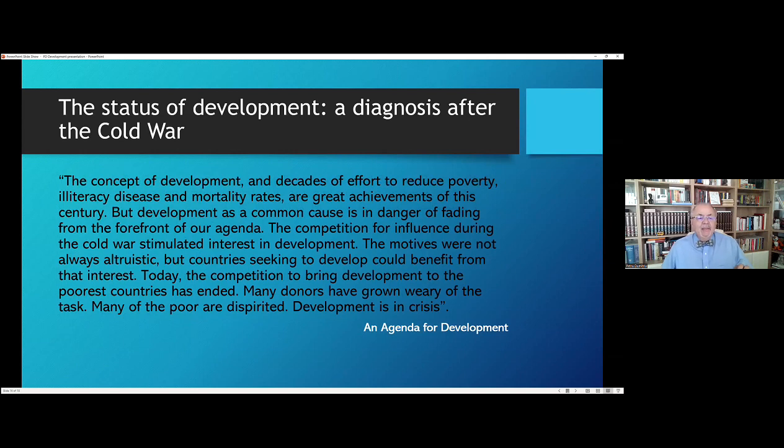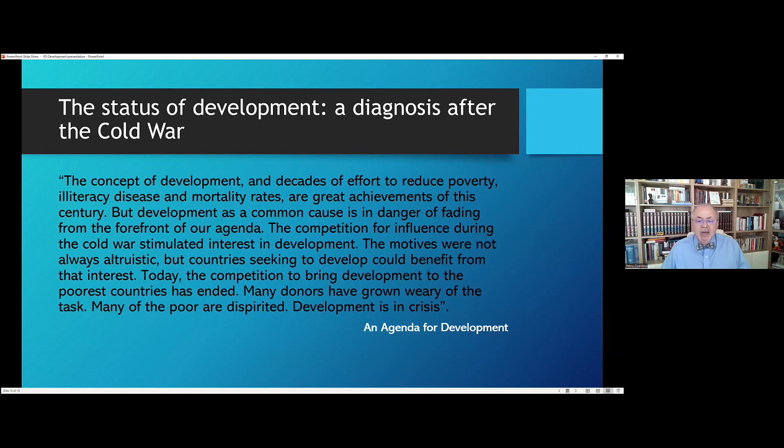There is something that he said, and I would like to quote from that, because it is a very frank testimony of what happened during the Cold War. He said: the concept of development indicates an effort to reduce poverty, illiteracy, disease, and mortality rates, which are great achievements of this century. But development as a common cause is in danger of fading from the forefront of our agenda.